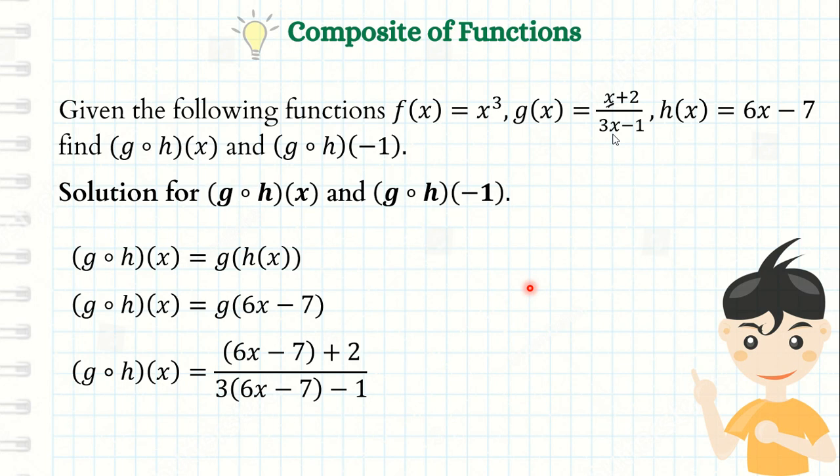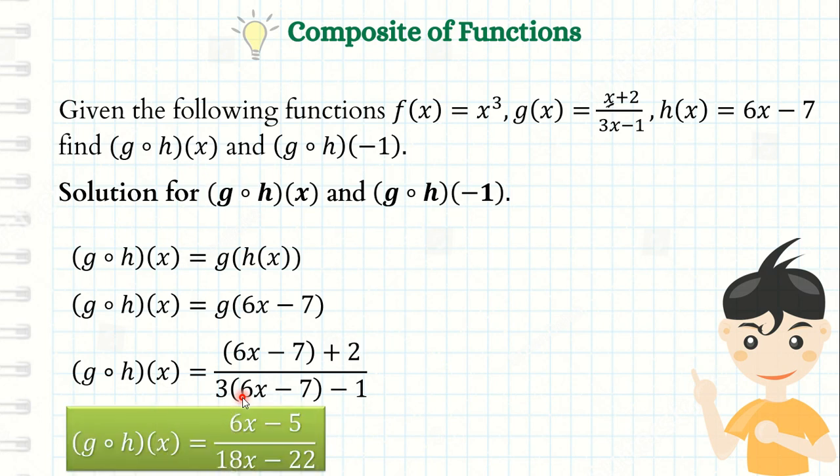Then after po niyan, sa numerator we're going to combine the like terms, which is yung dalawang constant. And then for the denominator, i-distribute po muna natin si 3 dito sa loob ng parenthesis, tsaka po natin i-combine yung like terms. By doing that, we will be having 6x minus 5 over 18x minus 22.